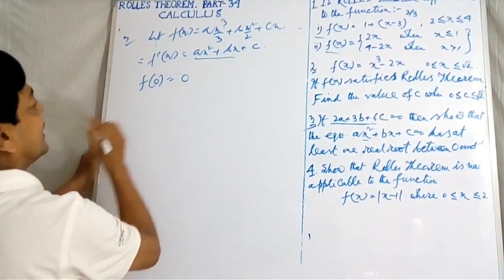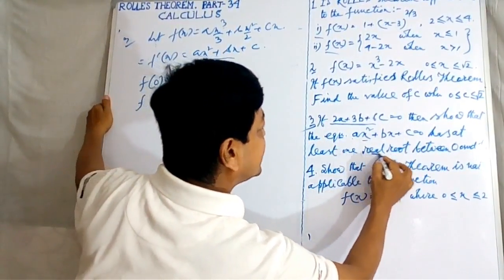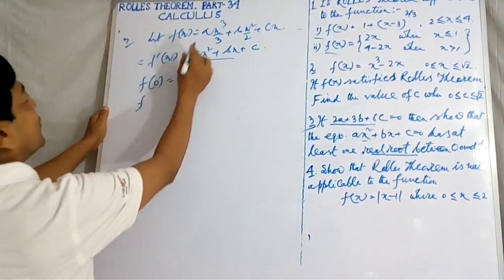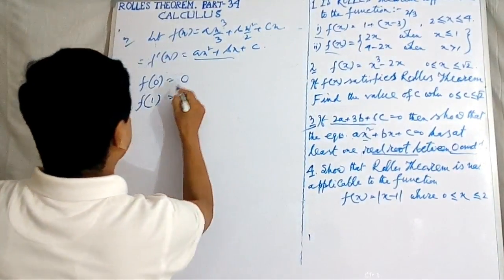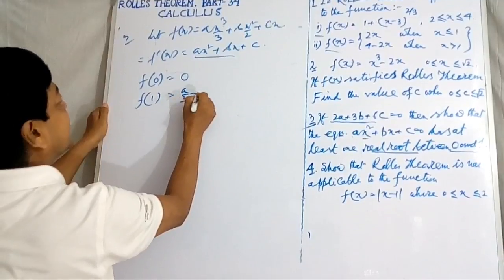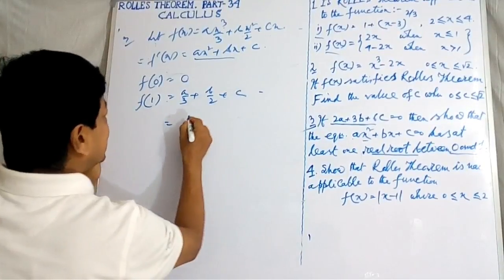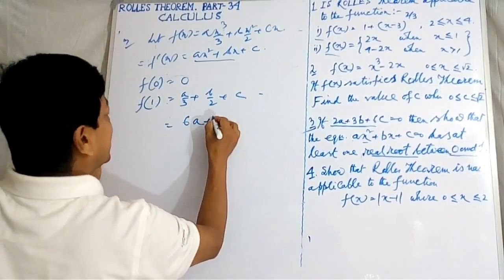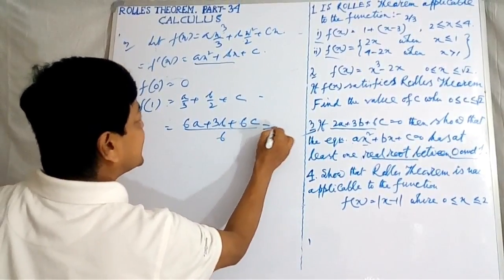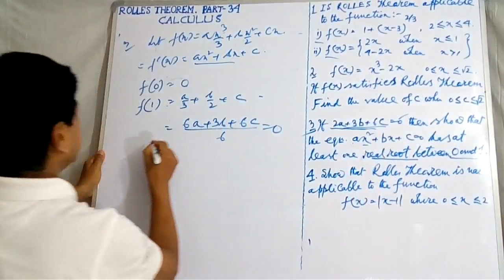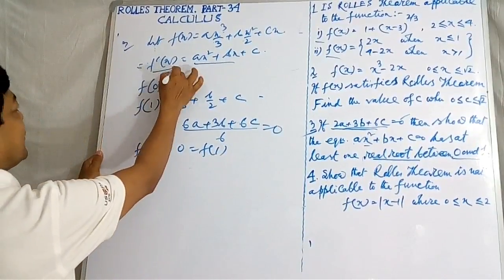f(0) equals 0. And f'(x) equal to 0 should have at least one real root between 0 and 1. Now what is f(1)? f(1) equals a by 3 plus b by 2 plus c, which equals (2a plus 3b plus 6c) by 6, and this equals 0 as per the given condition. So f(0) equals 0 equals f(1), and the function exists.